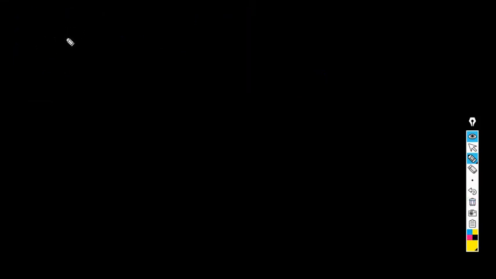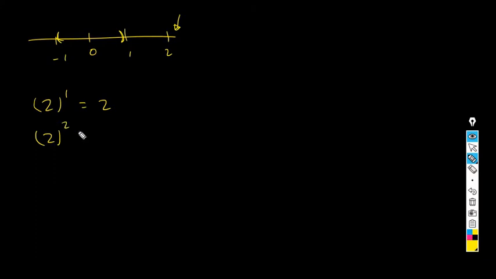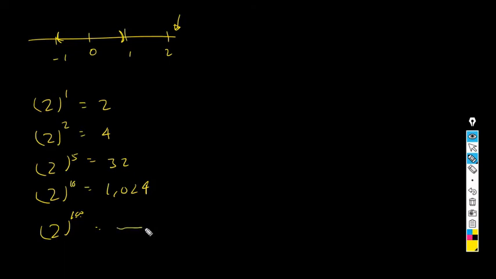Let's move on. I want you to realize also that the same doesn't happen when the number that you try is not in this zone. For example, if you choose the number 2 for that experiment, you will have 2 to the 1 equals 2, 2 to the 2 equals 4, 2 to the 5 equals 32, 2 to the 10, 2 to the whatever, let's say 100, you're going to get bigger and bigger results.